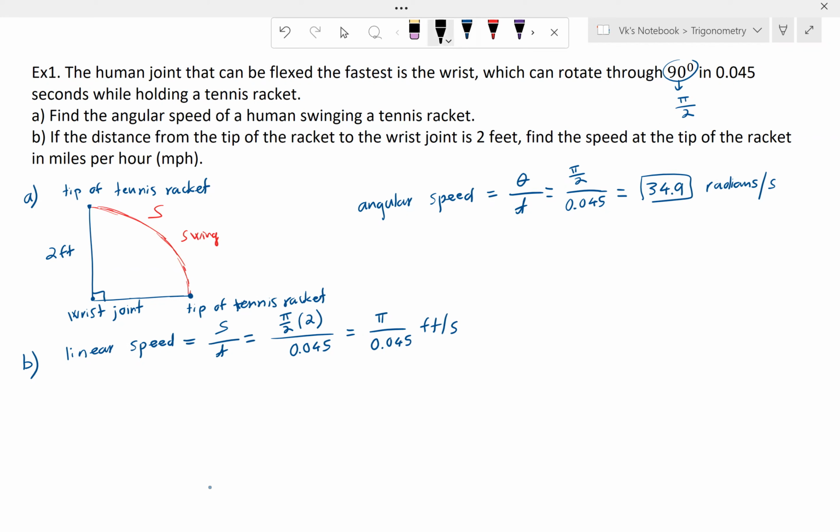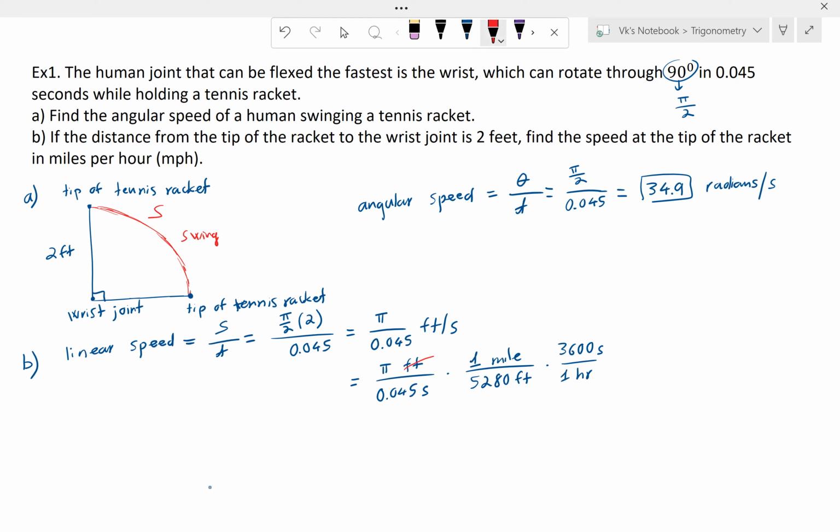It is best to convert it to miles per hour. So now we're going to do a conversion. Pi feet per 0.045 second. Well, we know 1 mile is 5280 feet, and 1 hour is 3600 seconds.